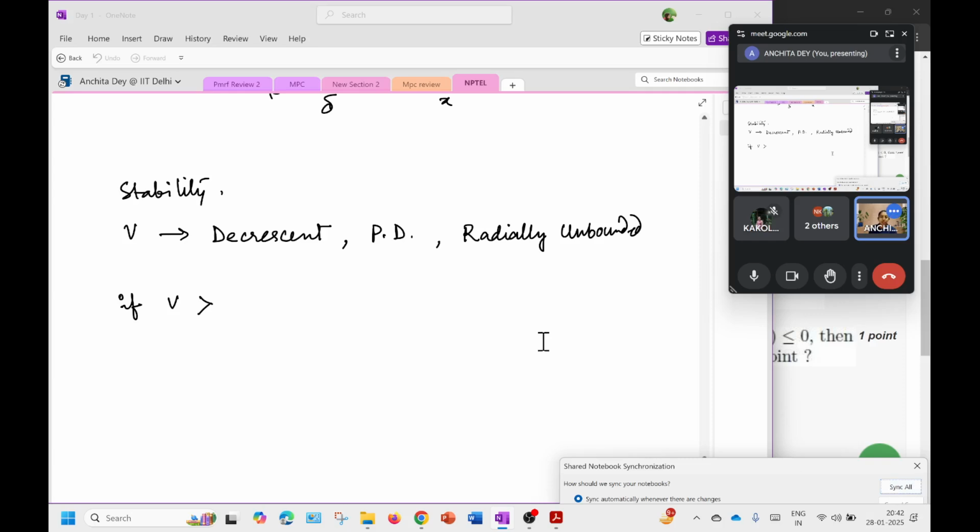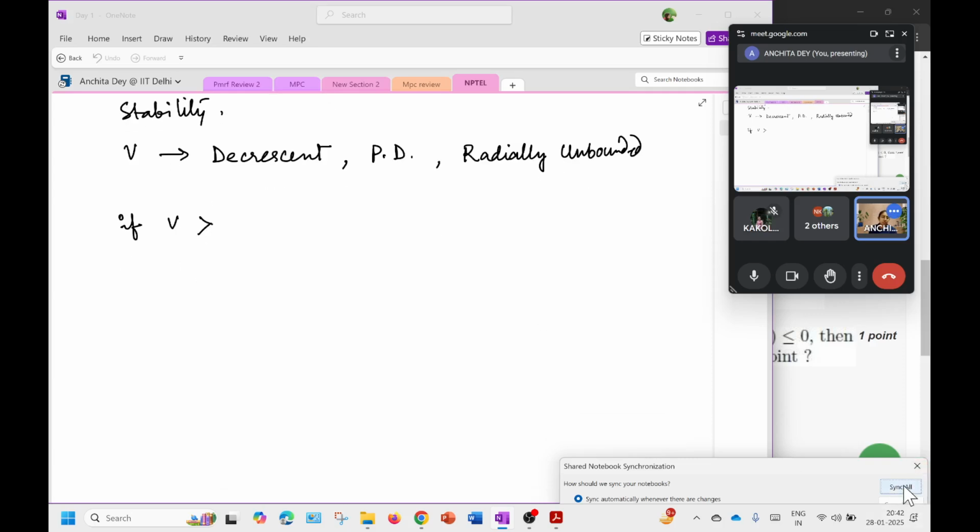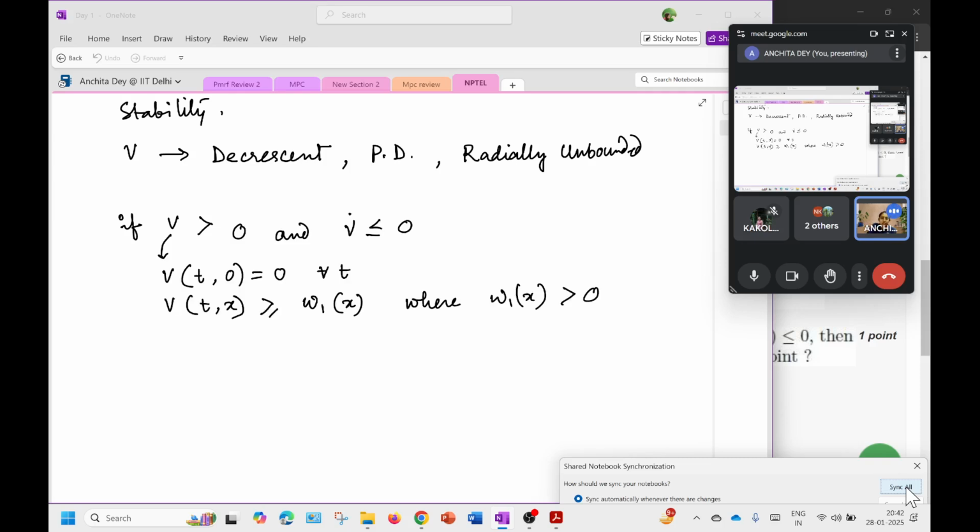I just want to go through the fact that if you have an autonomous system, that means the Lyapunov function is dependent only on the states, then doing the analysis is quite easy, right? But if your Lyapunov function needs to be time dependent as well, which happens in the case of non-autonomous systems, then what do you do? How do you define whether a function is positive definite or not?